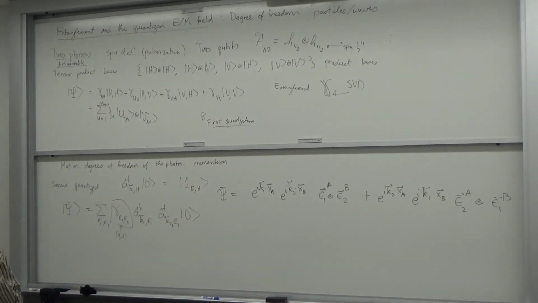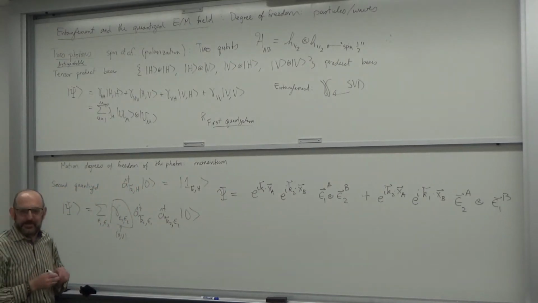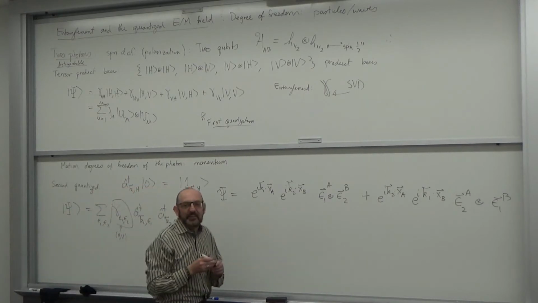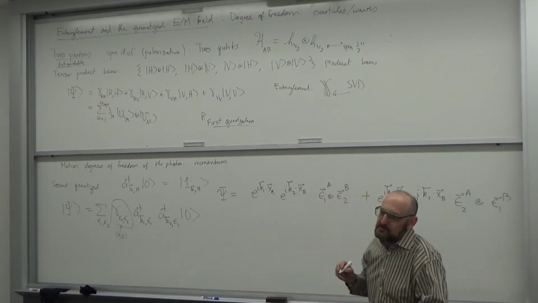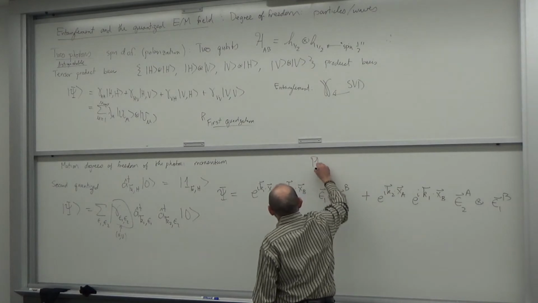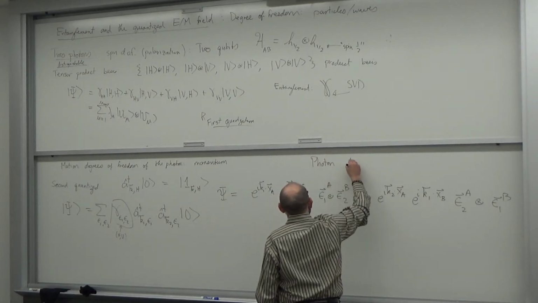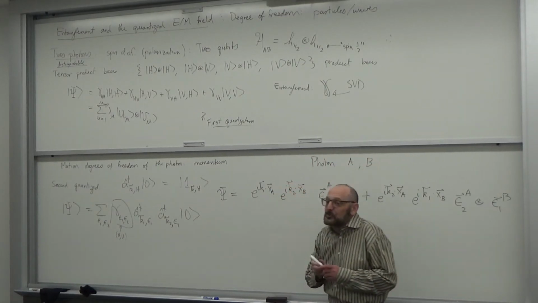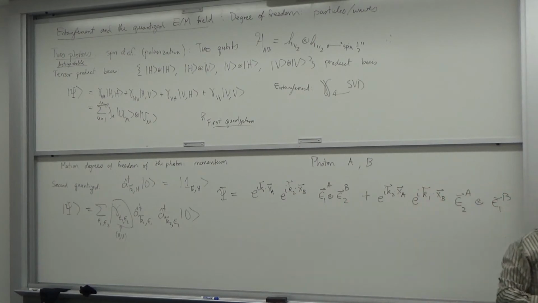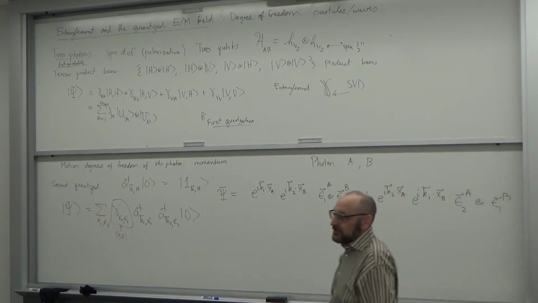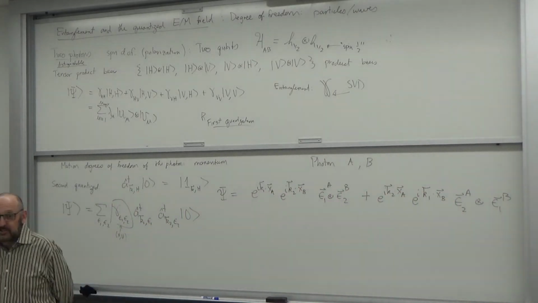Let's analyze this and understand what's happening here. There are two photons, photon A and photon B. I don't know which is which. This two-photon state is symmetric under exchange of both the spin and the spatial degrees of freedom of A and B. Do you agree with that statement?